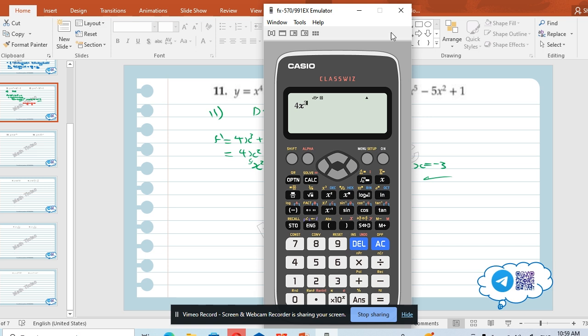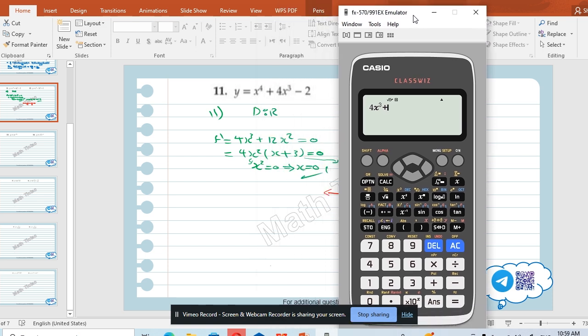Now calc, we need a value less than minus 3, so let's substitute, for example, minus 4 to see what the answer is. Once x is equal to minus 4, the answer is minus 64.